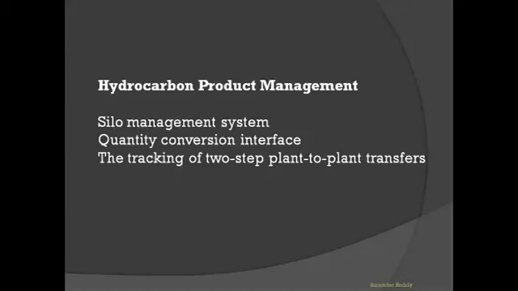If you measure it at 26 degrees centigrade, there is a difference in the quantity. So the conversion of ambient temperatures, the quantity conversion, we will discuss in the quantity conversion interface.